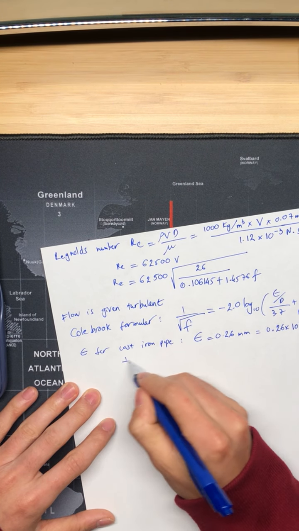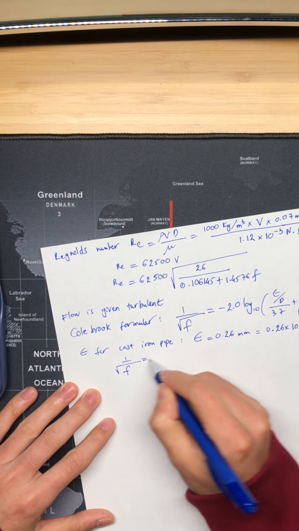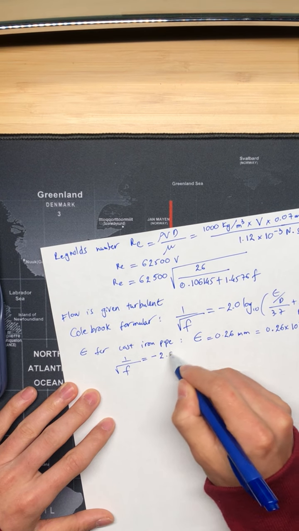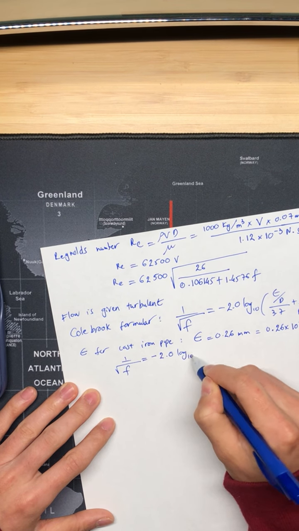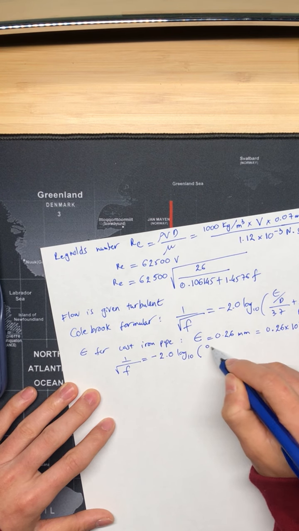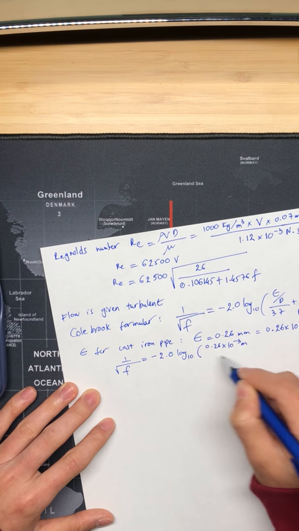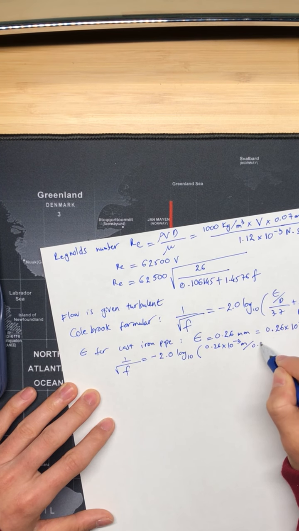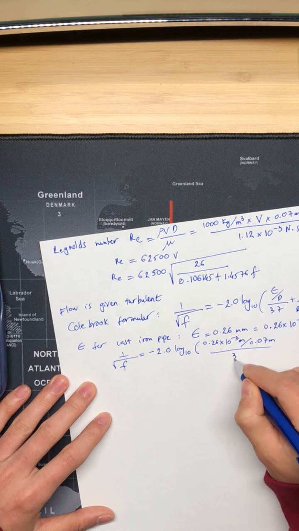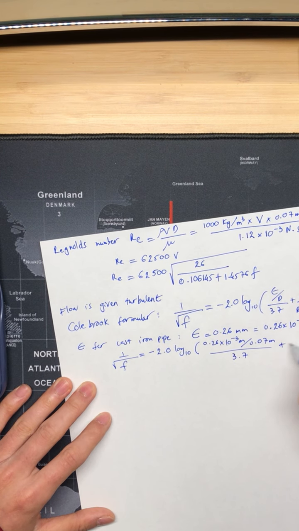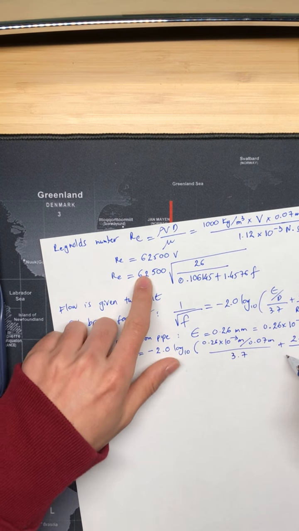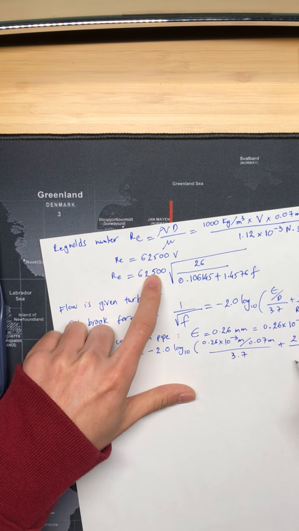So we have 1 over square root of F equals minus 2 log 10 of 0.26 times 10 to the minus 3 meters over 0.07 meters over 3.7 plus 2.51 over Reynolds number right here.